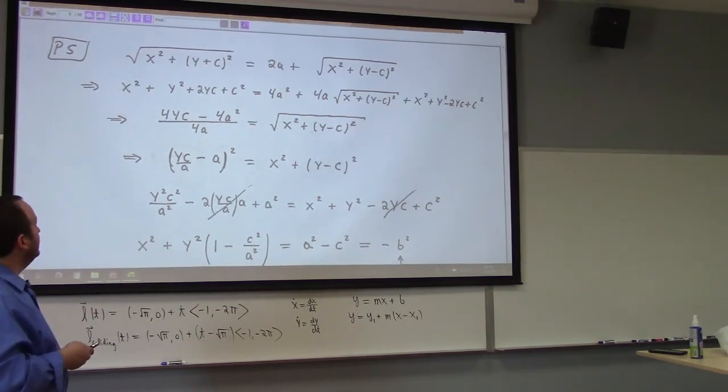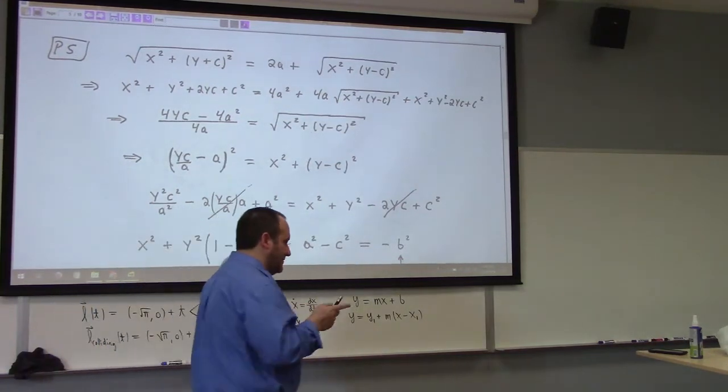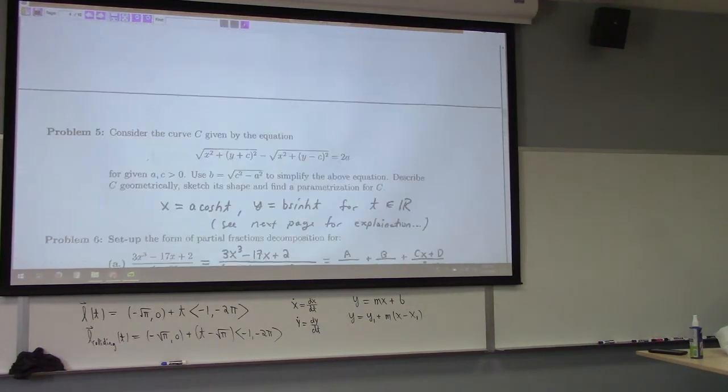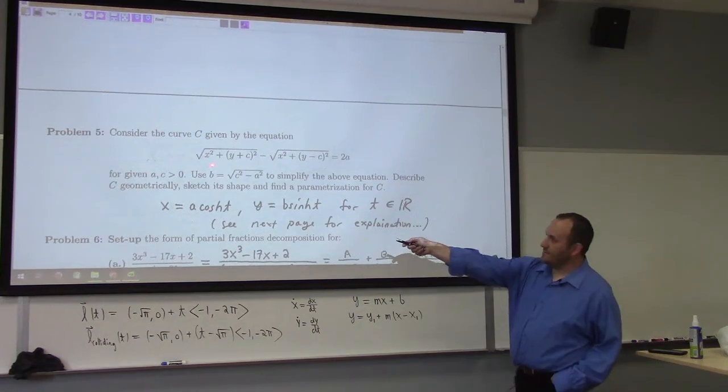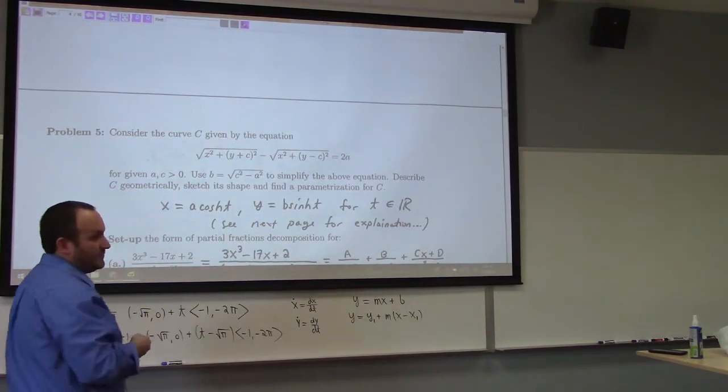But this problem 5, if you go back to the start, maybe you can anticipate what's going to happen. Let's think about this for just a second. What does this equation say? What is this square root?